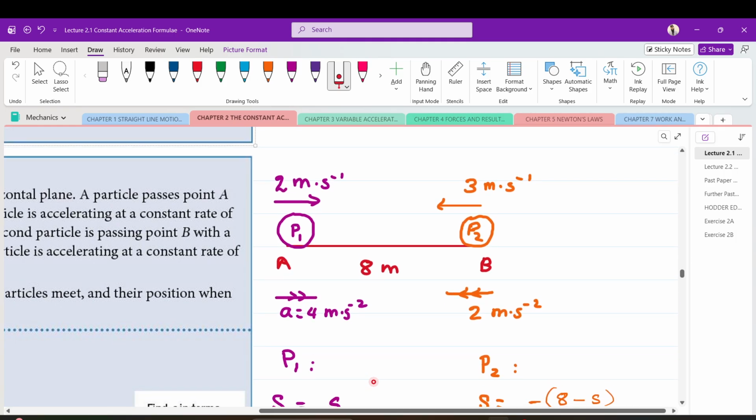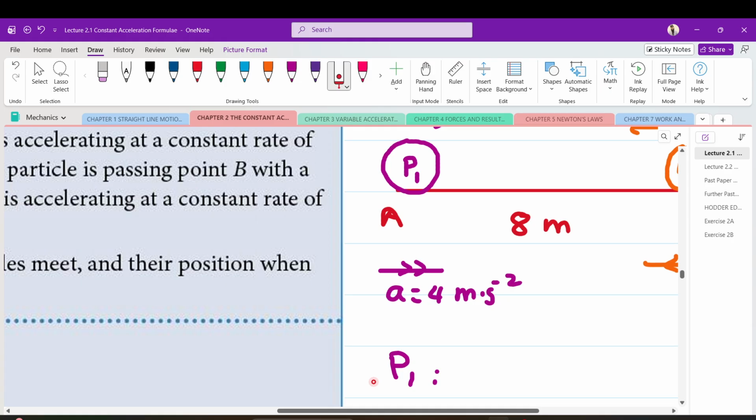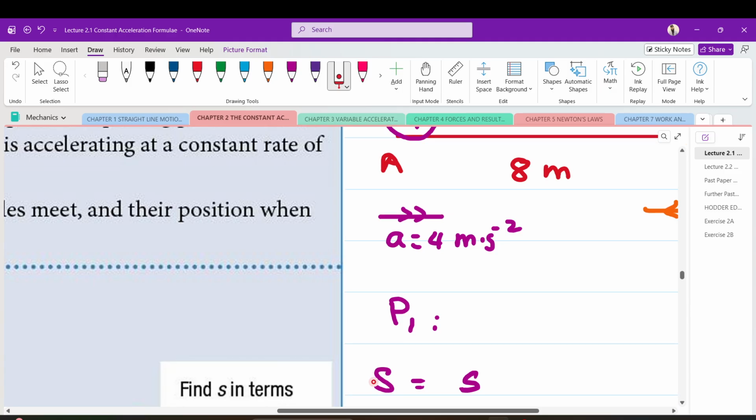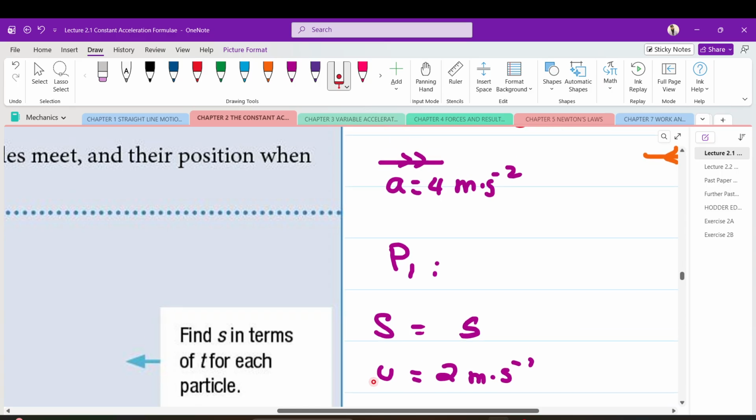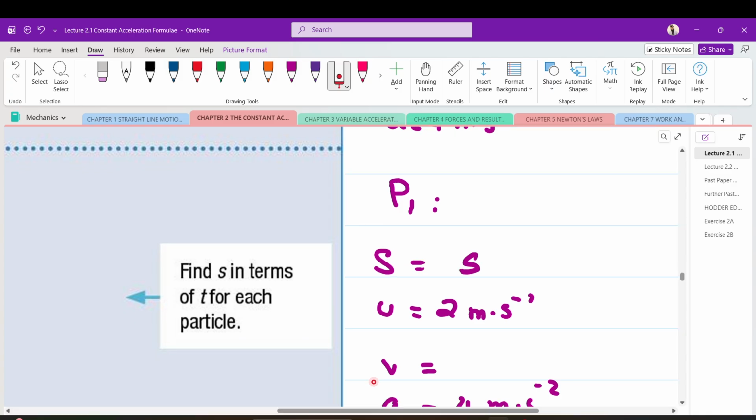Now, if I start to write down the values, let's first write for P1. The distance s is going to be just s because we don't know that, and we need to find that because it says you need to find their position. So that would be the displacement. Initial velocity is 2. Final velocity, we don't know, because we don't know what the velocity will be at the point when they meet.